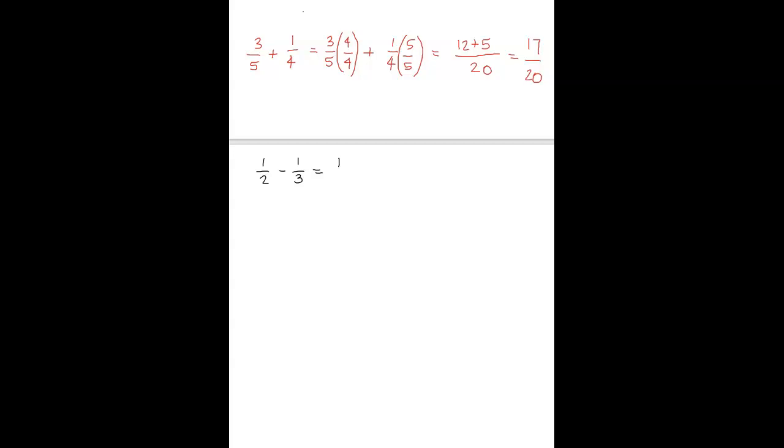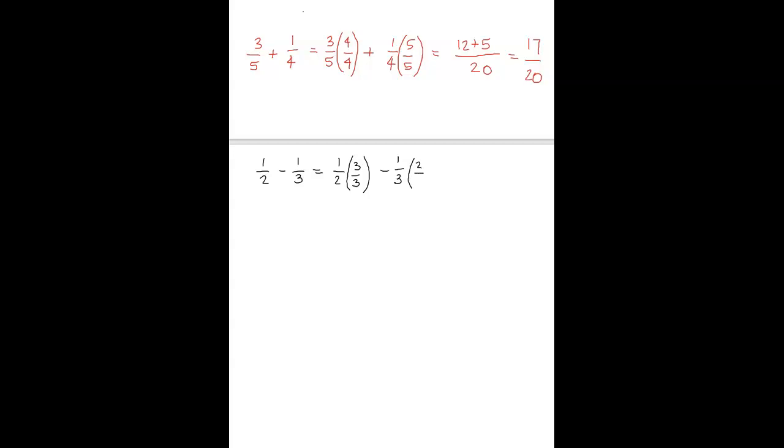So with that in mind, I'm going to rewrite my 1/2. And now I'm going to multiply that by a 3 over 3, right? Remember, I need a 6 in my denominator. And in order to do that, I'm going to multiply it by 1, but it's going to have the format of a 3 over 3. Now I'm going to take my 1/3, and I'm going to multiply that by 2 over 2, right?